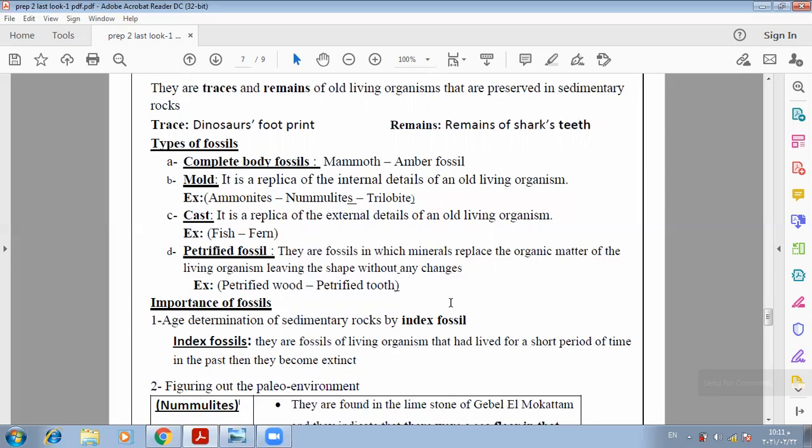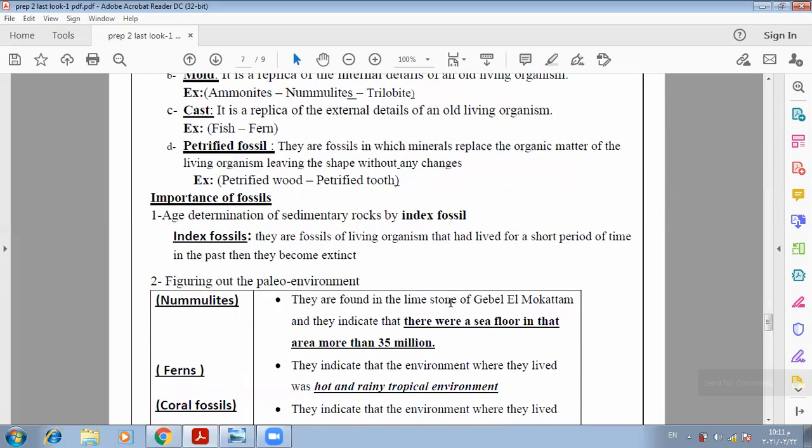of the rock. Number 2, figuring out the paleoenvironment. يعني paleoenvironment, if I find nummulite fossil that they are found in the limestone in Jabal Muqattam and they indicate there were seafloor in area more than 35 million years ago. تمام؟ But if I find fern, that means they indicate the environment in this time where they lived was hot, rainy, tropical environment.